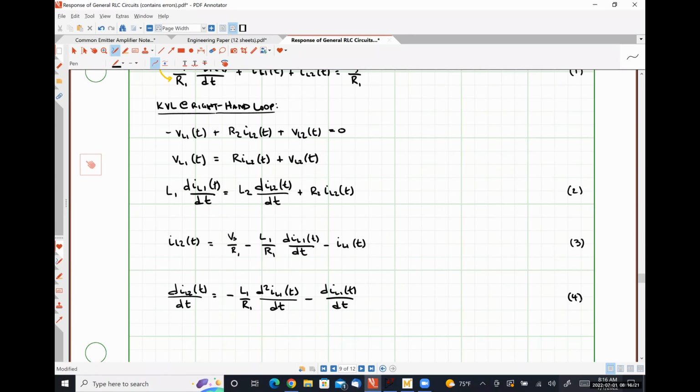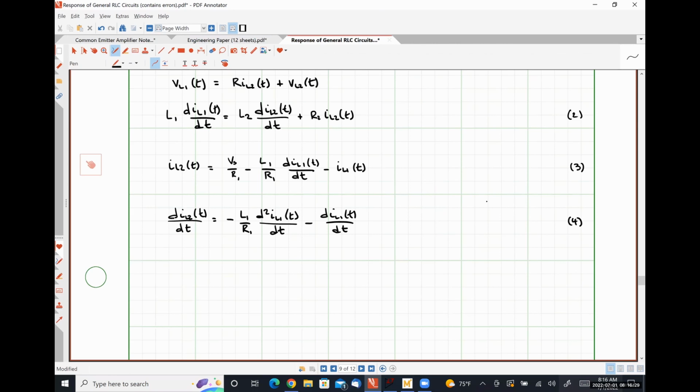And now I can simply plug equations number 3 and number 4 into equation 2. So write that down. Substituting 3 and 4 into 2 is going to give us L1 dIL1 is equal to L2.